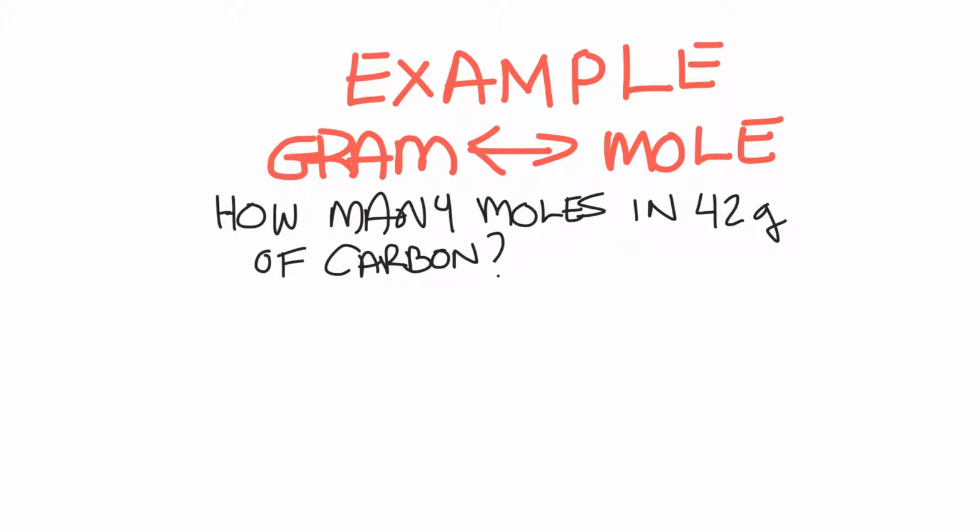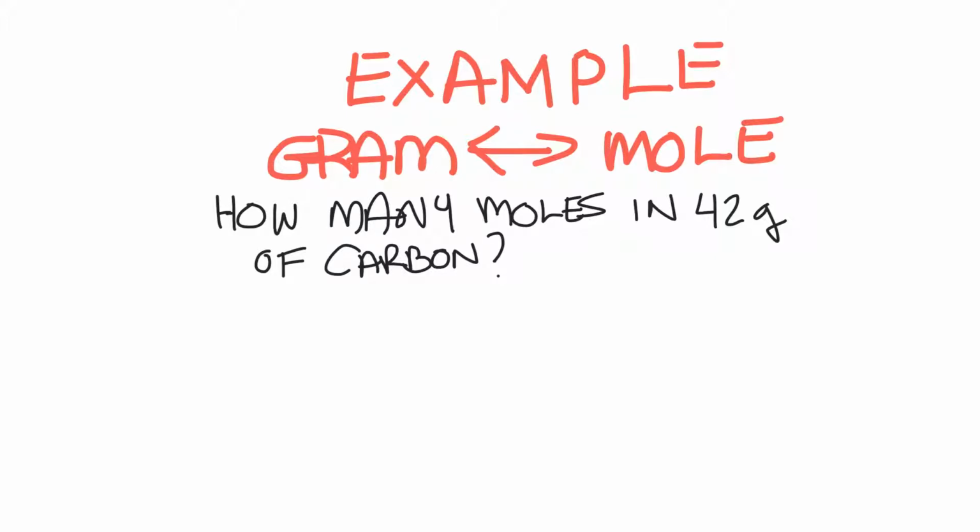Okay, so here's an example problem involving grams and moles. So we want to convert between the 2 units here. So my first question is, what is the conversion factor that I need to know for this particular problem? Because I'm going from grams to moles, I need to know the molar mass of something. So I'm going to read my problem here, and it says how many moles are in 42 grams of carbon. So the first thing I have to do is look up what the molar mass is of carbon.